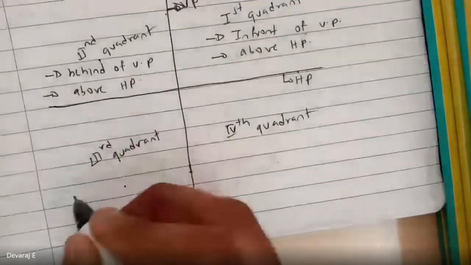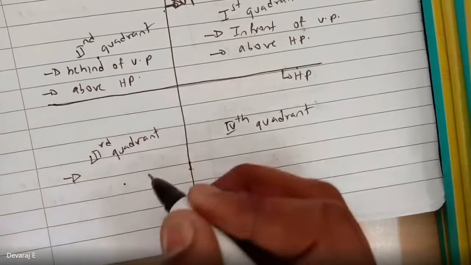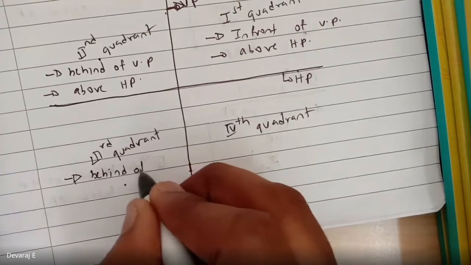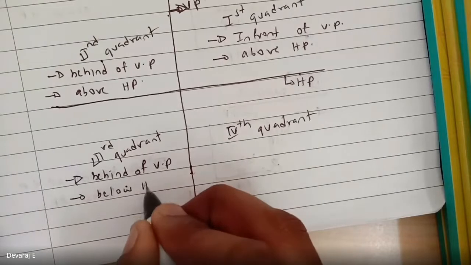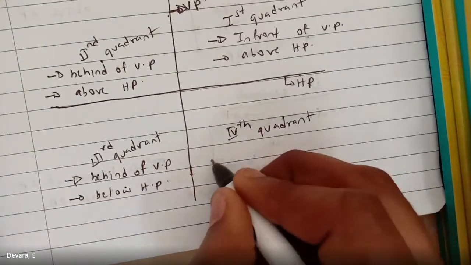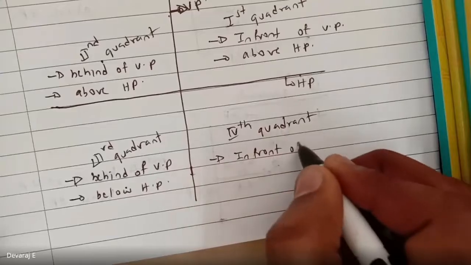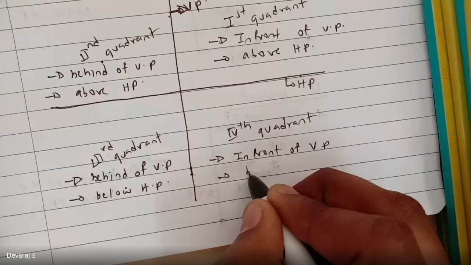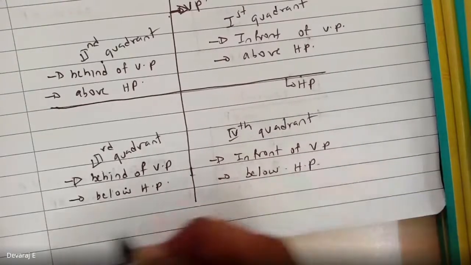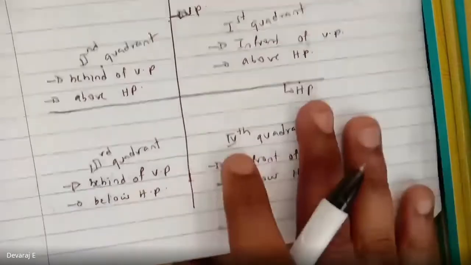Then what about the third quadrant system? Behind VP, below HP. And the last, fourth quadrant: in front of VP, below HP. I think everyone is clear with this, right?